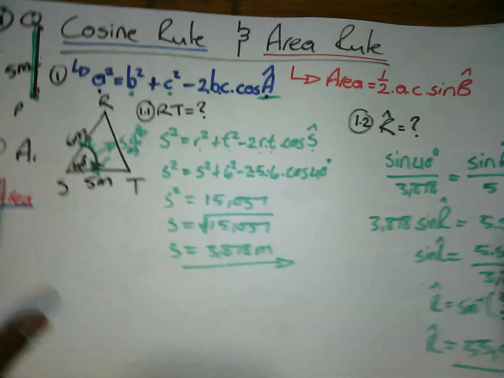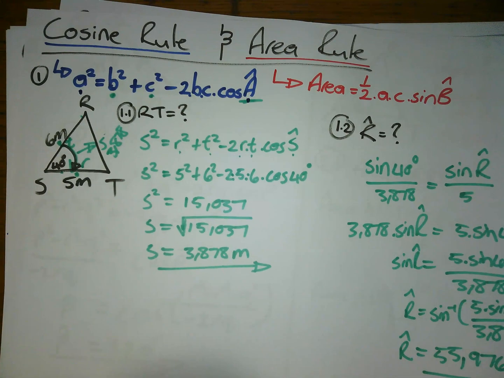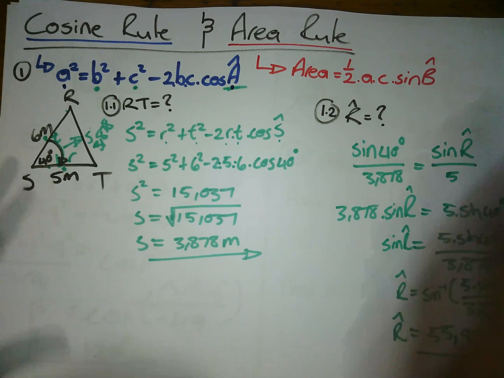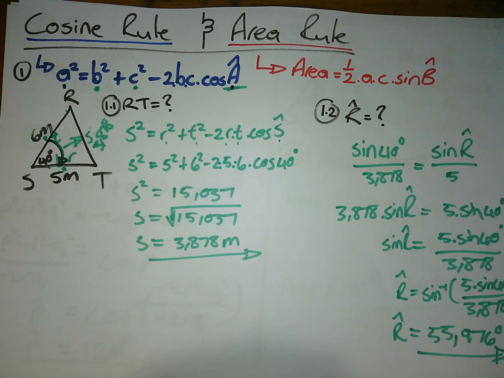Side angle side. The most important identification you first need to do whenever doing area and cosine rule. Also, remember I said they can ask you the question in any way. Sometimes they can give you a triangle, sometimes they can just say the triangle.